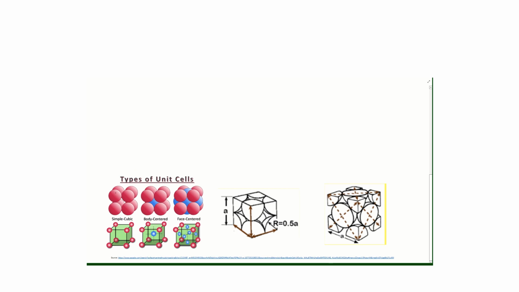So I am taking these 4 spheres: the first sphere, second sphere, third sphere, fourth one. Suppose this shows you the second layer, and these 4 spheres show you the configuration of the first layer.